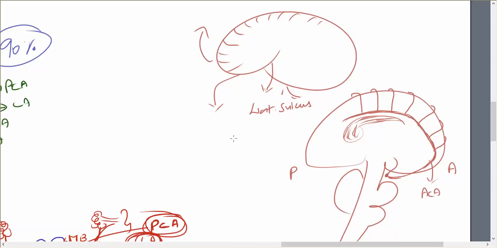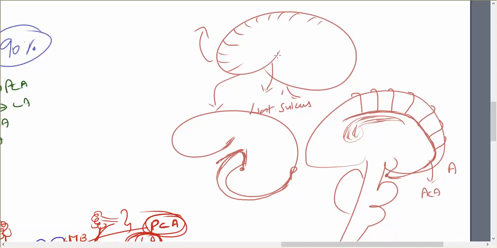So understand, first I lifted it. Once it gets lifted, you can see the middle cerebral artery running in the lateral sulcus and coming out like this.